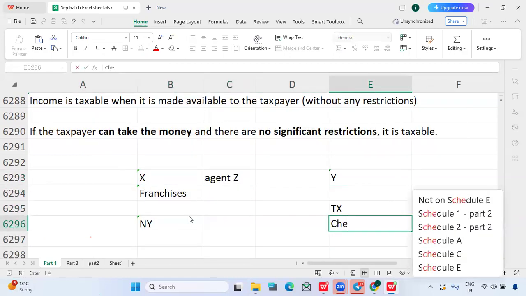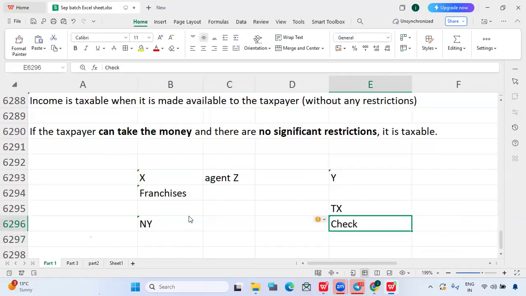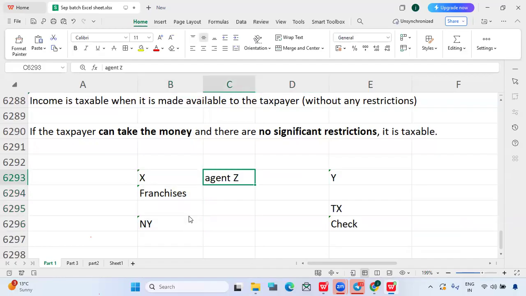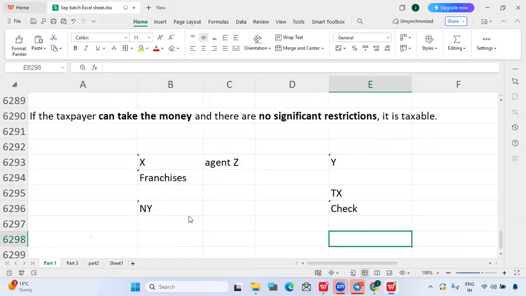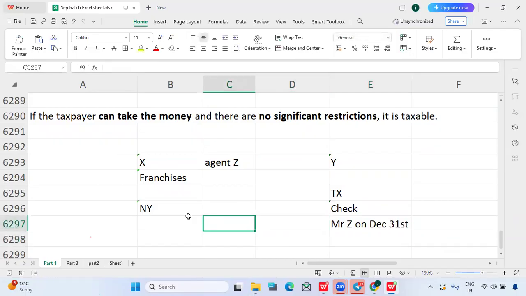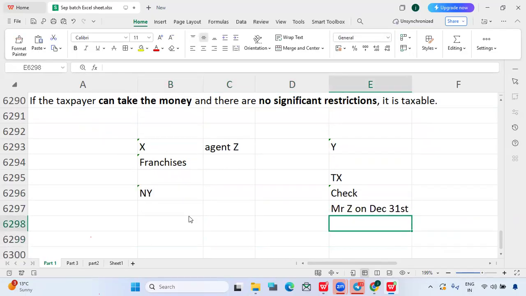Now, who received the check actually? The agent received the check on behalf of the taxpayer itself. Mr. Z received the check on December 31st, 2024, and Mr. Z gave the check to Mr. X on January 1st, 2025.